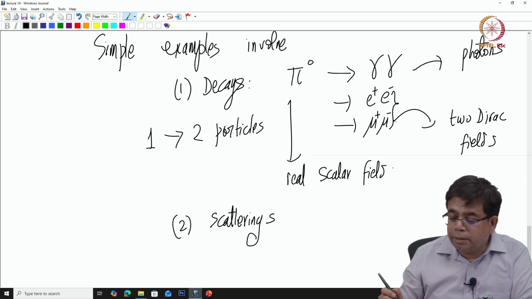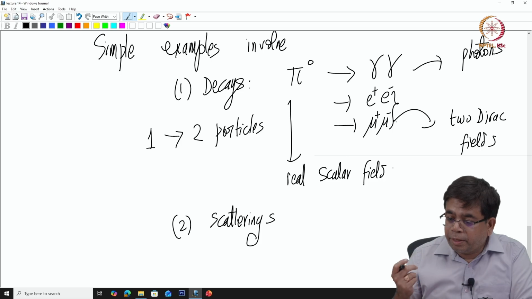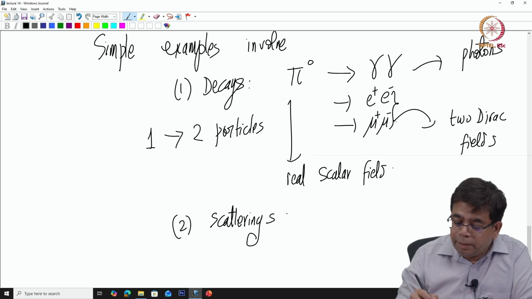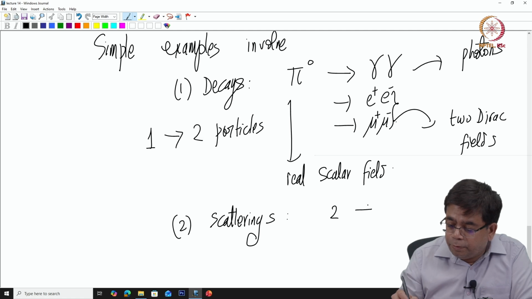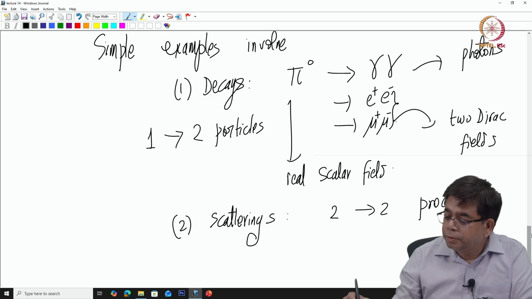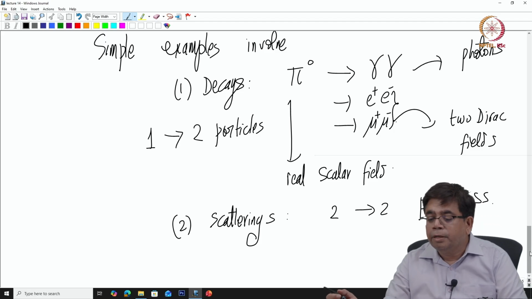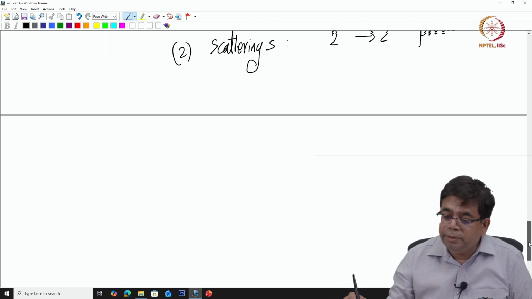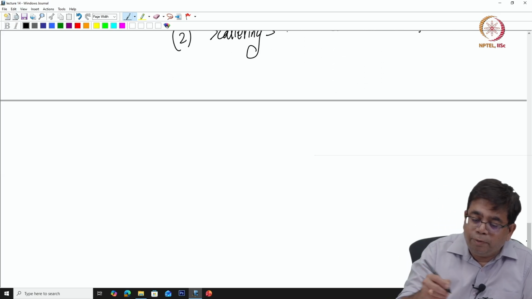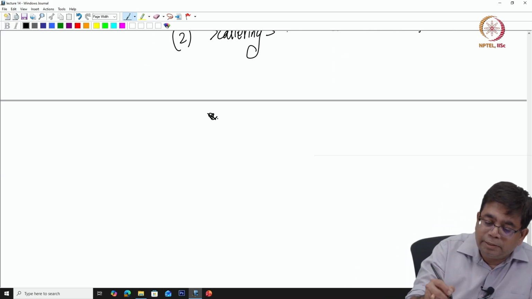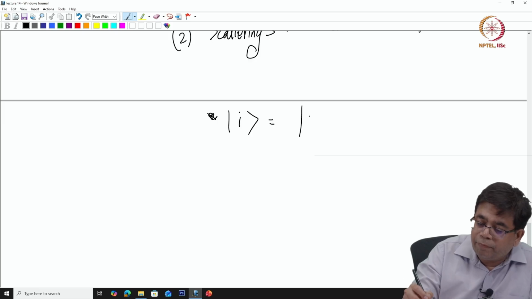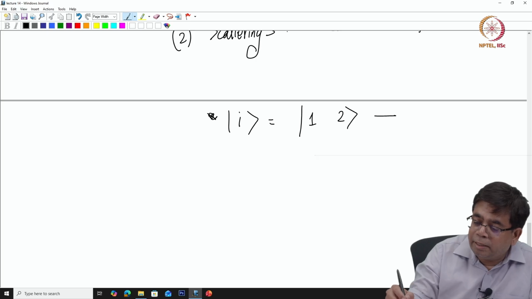So in this case, you can think of simple classes of scatterings which are called 2 to 2 processes. A 2 to 2 process means that there are 2 incoming particles in the in states, say for example particle 1 and particle 2, and they scatter.